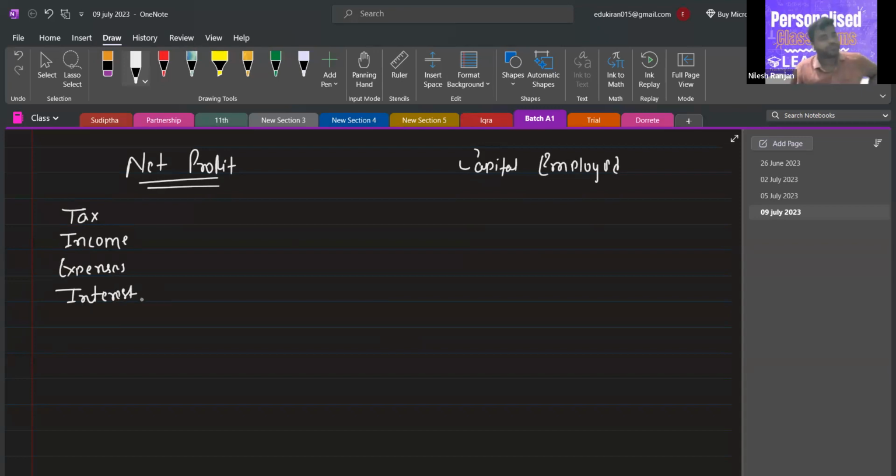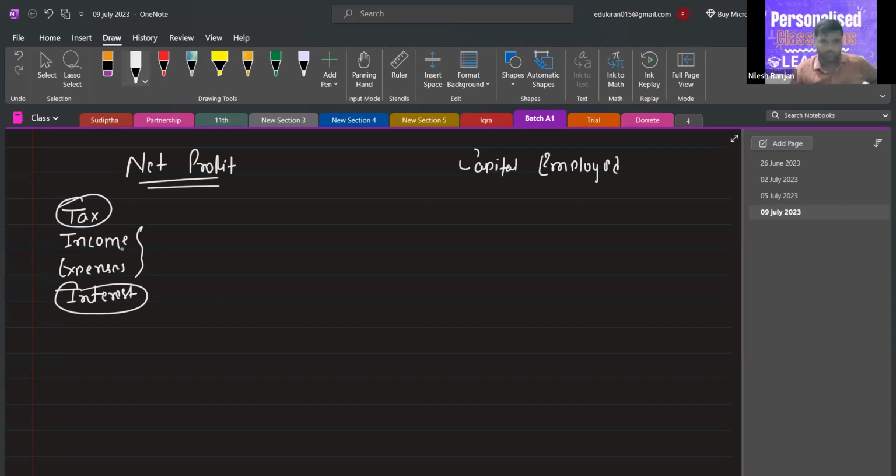Yes or no? Yes, sir. So the direct impact is of tax, interest, okay, only these two things. But if income and expenses is also given, then this will also impact our profit.